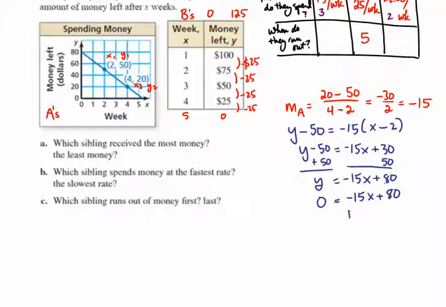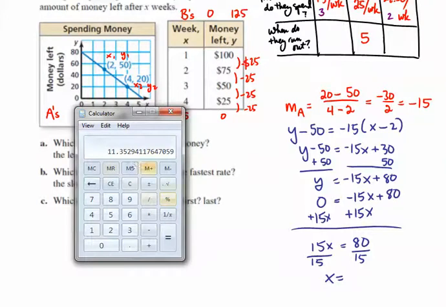We'll add 15x to both sides, and we get 15x is equal to 80. Dividing by 15, we get x is equal to, bring up our calculator, 80 divided by 15 is equal to 5.3.